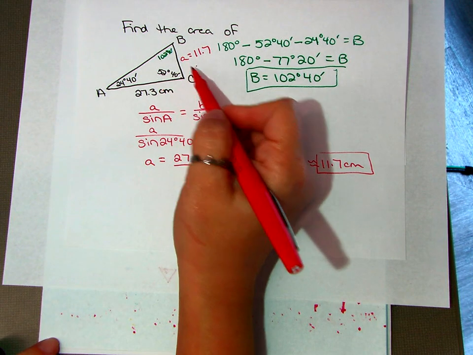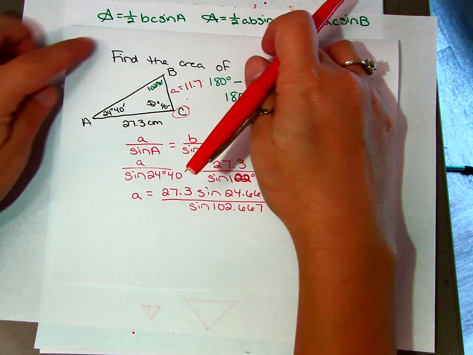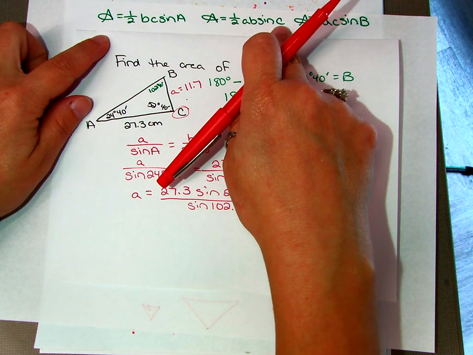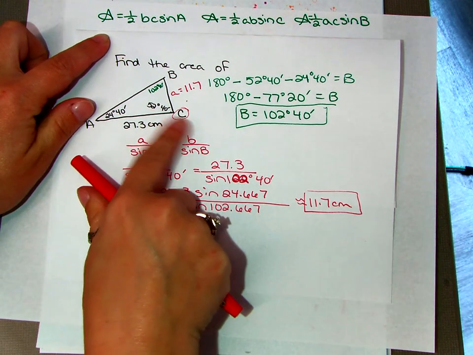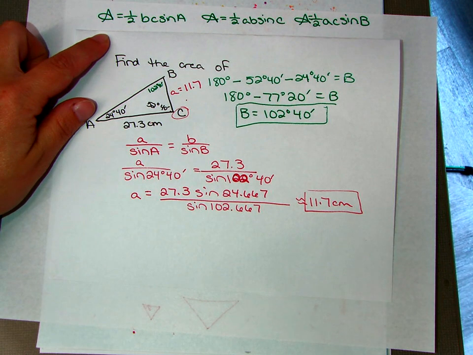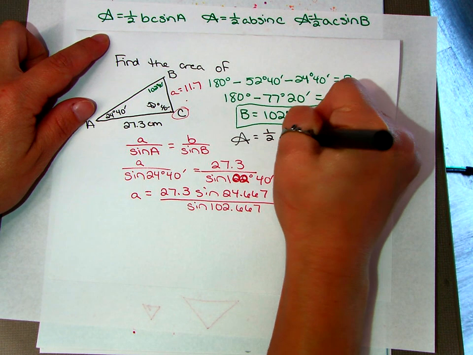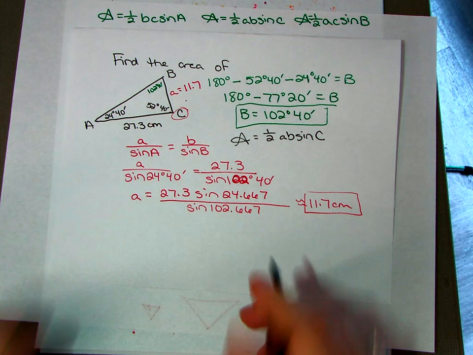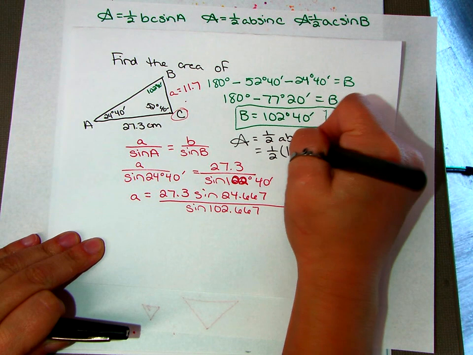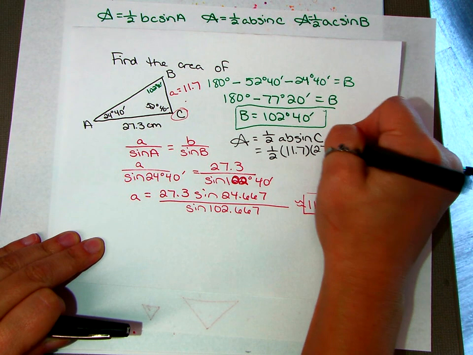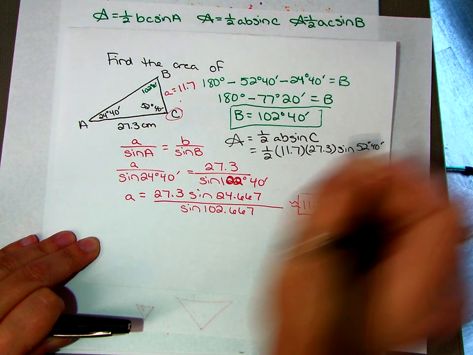So we want to use this one where we have sine of C, because that's the angle we're going to use. So while we know all of our other angles, the one we're actually using in this case is C. So we're going to take 1/2 times side A, which we just found was 11.7, side B, which is 27.3, sine of 52 degrees 40 minutes, which is 52.667.